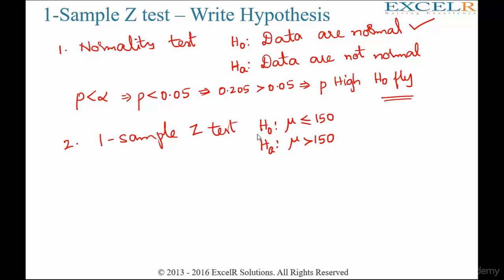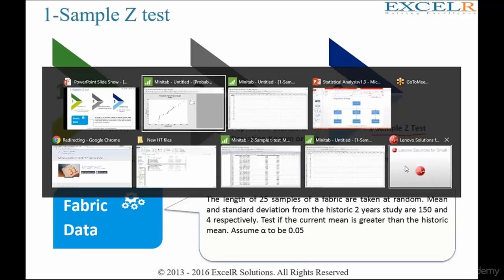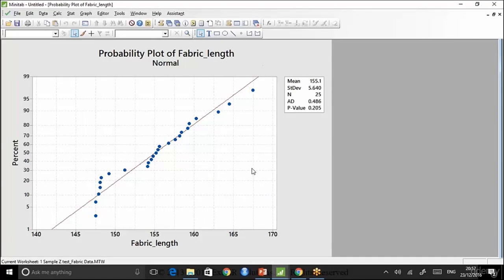So once we compose the null and alternate hypothesis, we need to perform this test. And the navigation required to perform the test is already provided here. One sample z-test. Stat, Basic Statistics, One-Sample Z. In order to go back to your worksheet, all you need to do is click on this.